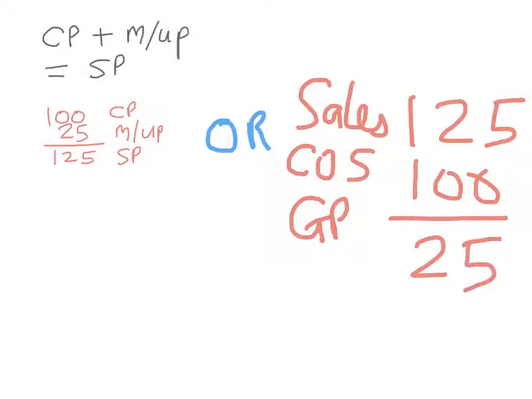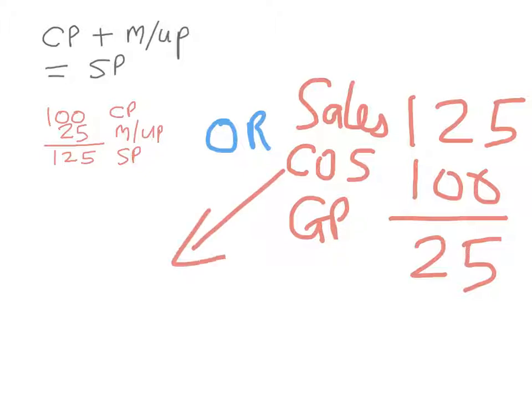Now you are very familiar with this format, which is straight out of the income statement, and the key with finding the missing sales using the markup, or finding the missing cost of sales using the markup, or using the margin, which I'll cover soon, is that you can then construct your income statement and find other key bits of missing information to pick up the extra marks.